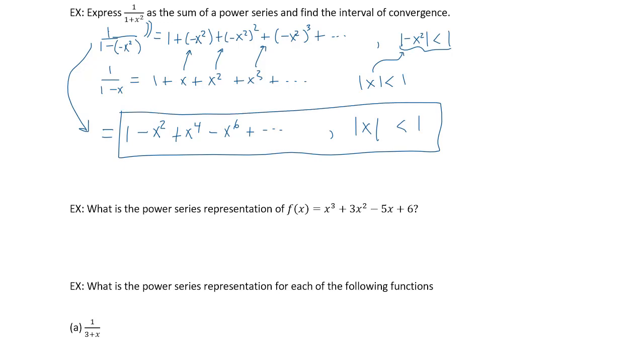I could rewrite this as a summation by just recognizing the format of these terms. This looks like the sum from n equals 0 to infinity of negative 1 to the n, x to the 2n.